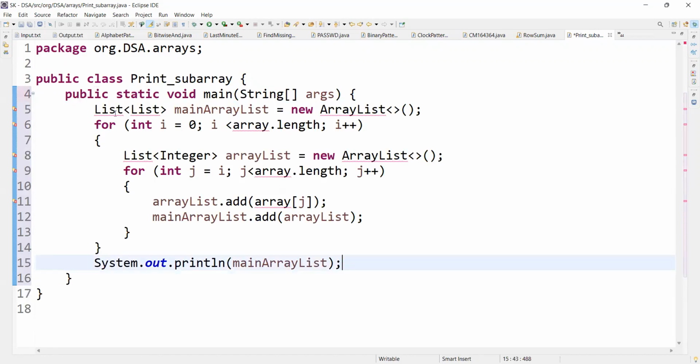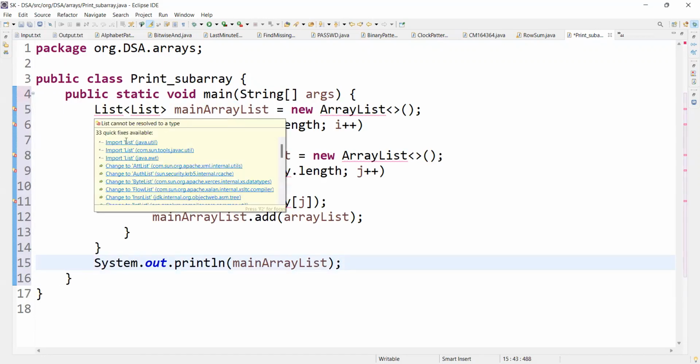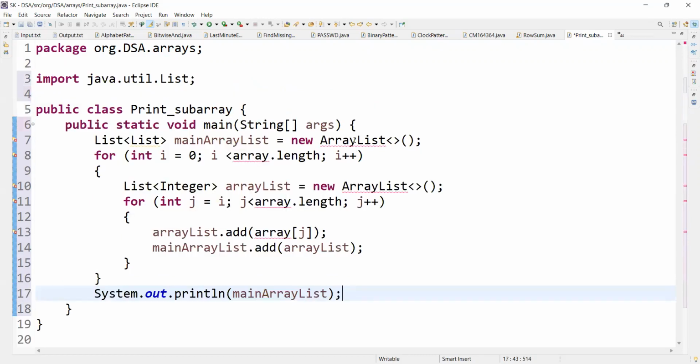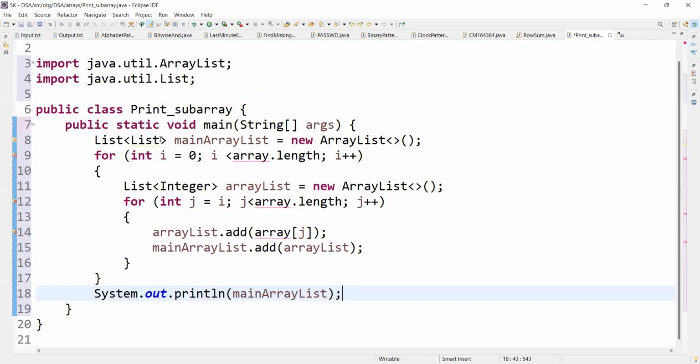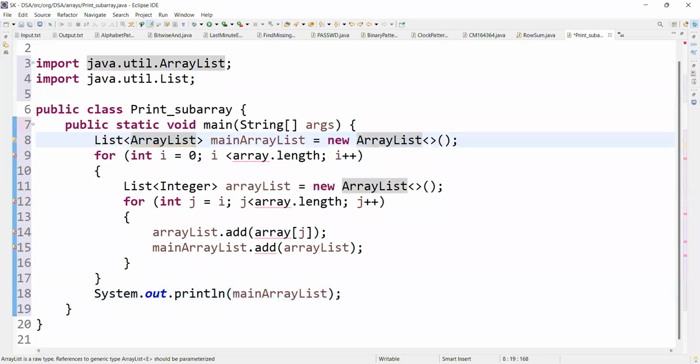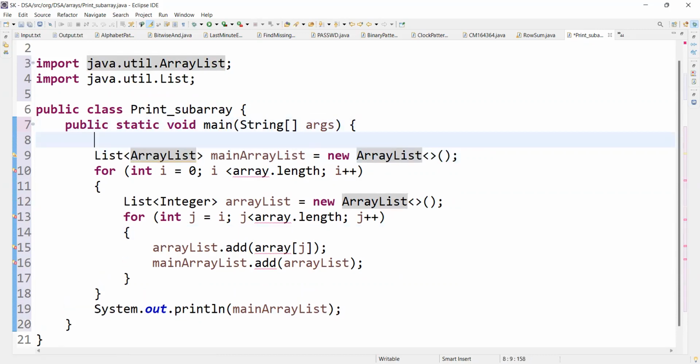A list of array lists. You must have taken some array.